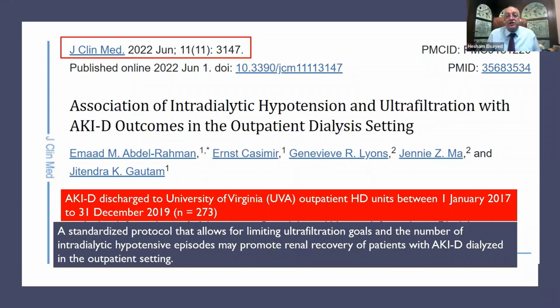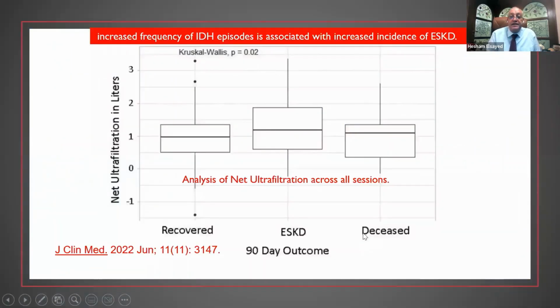What is the maximum ultrafiltration and the theories on that, especially in patients with acute kidney injury, dialysis-dependent outcomes? In this study, a protocol for limiting the ultrafiltration goal and the number of intradialytic hypotensive episodes may promote renal recovery of patients with dialysis-dependent acute kidney injury in the outpatient setting.